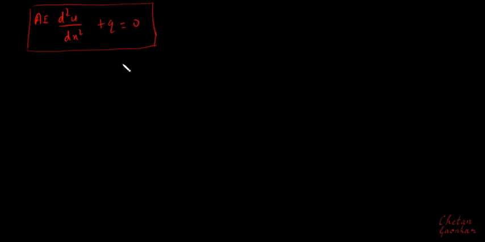Let us try to obtain the equivalent integral form of some more differential equations. Now here we have this differential equation: AE d square u by dx square plus q equal to 0. If you remember, this is the governing differential equation of a bar.